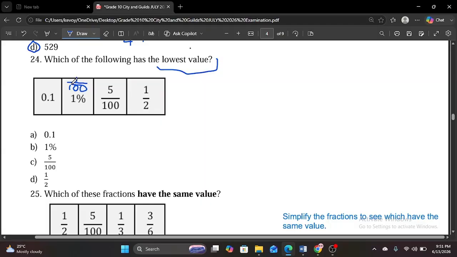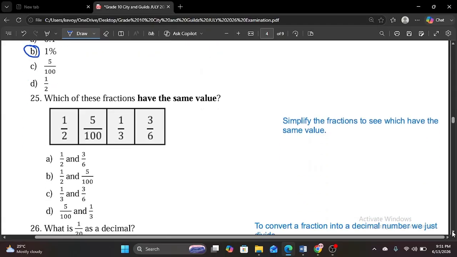And for this one, 0.1 as a fraction is going to be equal to 1 over 10. So the lowest value for the fraction is going to be 1 over 100, because the lower the numerator is compared to the denominator, the lower the value is going to be. So the 1% is going to be the lowest value.